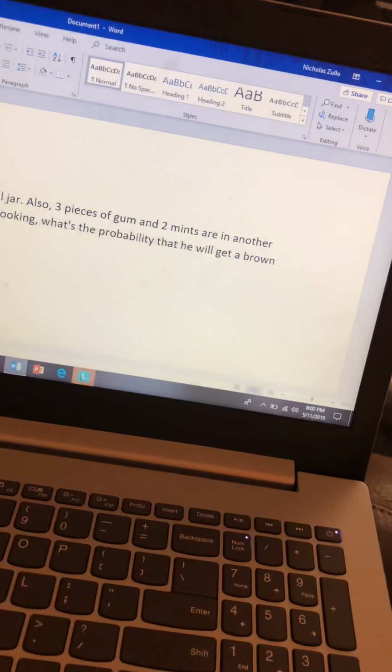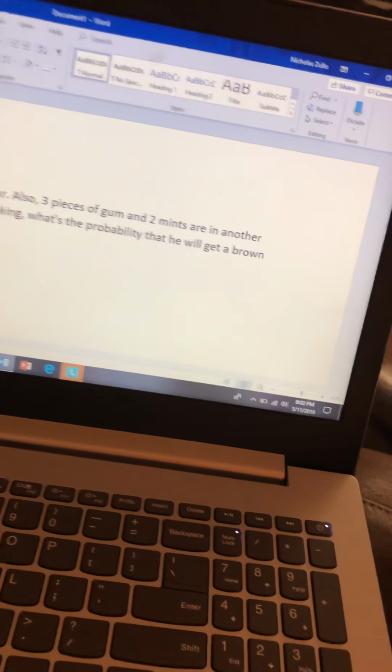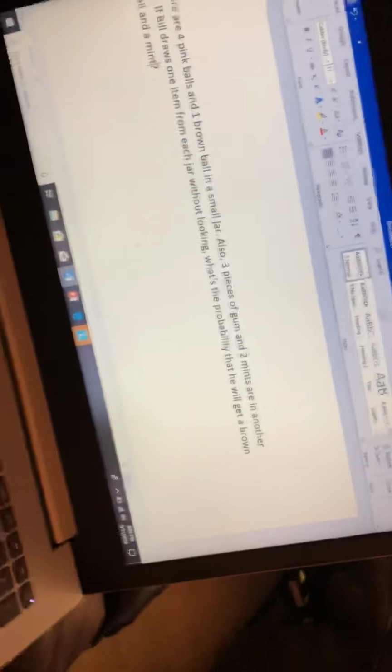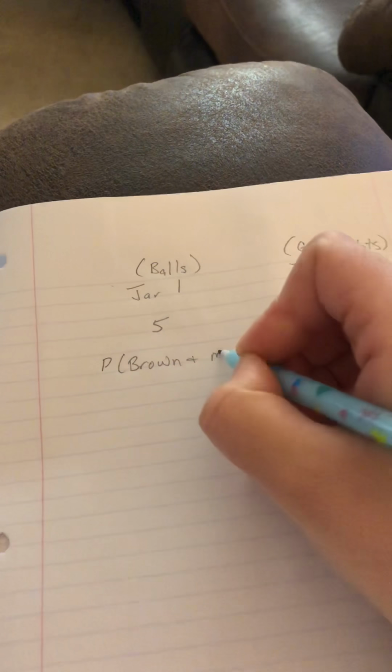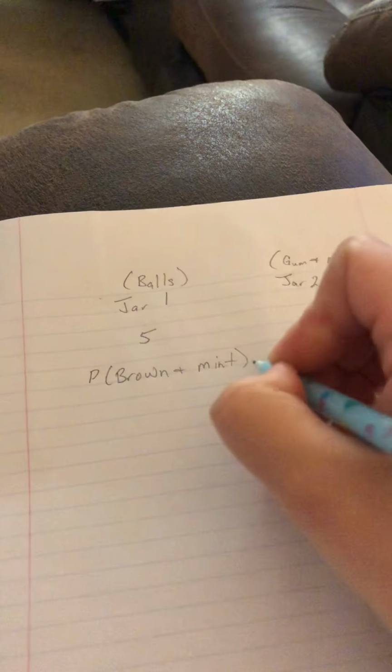In that jar, there are 5 items, 3 pieces of gum, 2 mints. So 5. We're looking for the probability that he will get a brown ball and a mint. So we're looking for the probability of brown and mint.